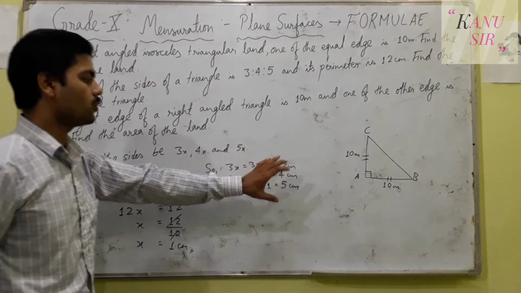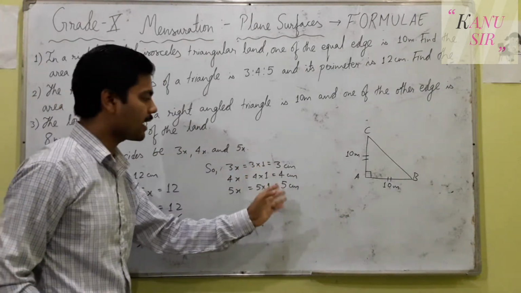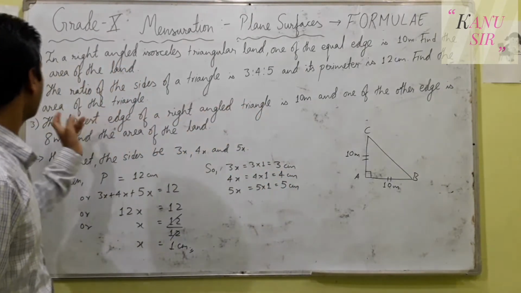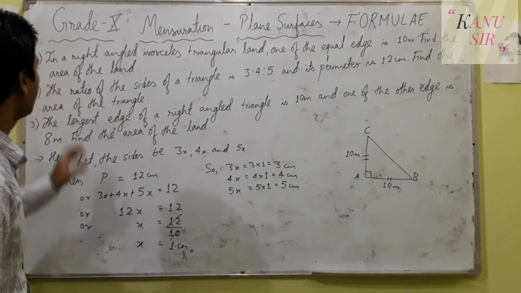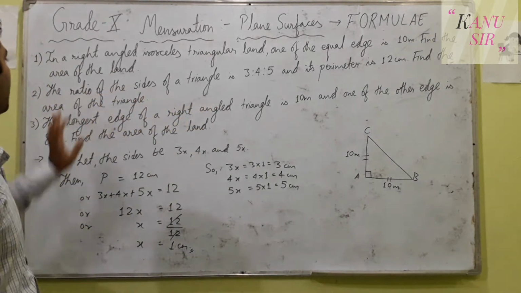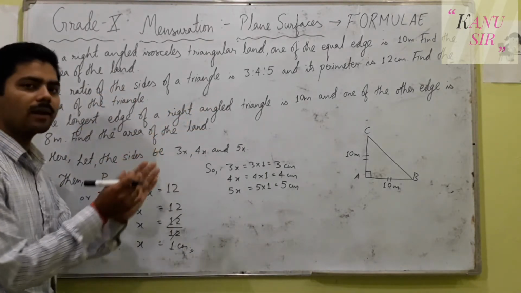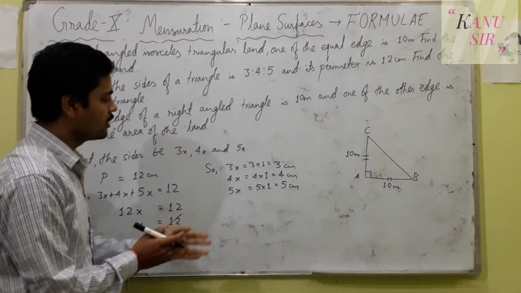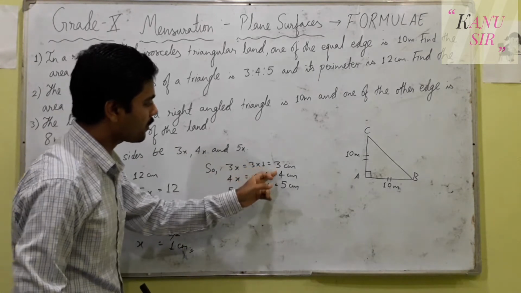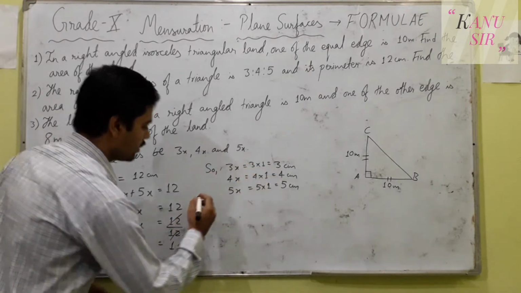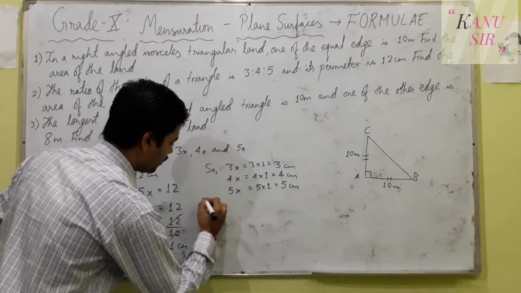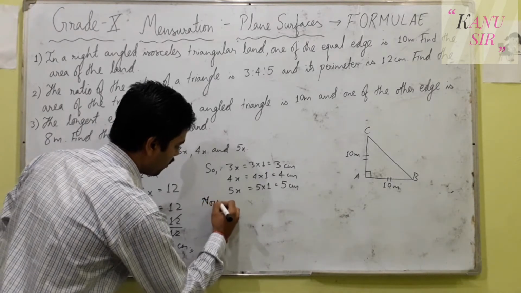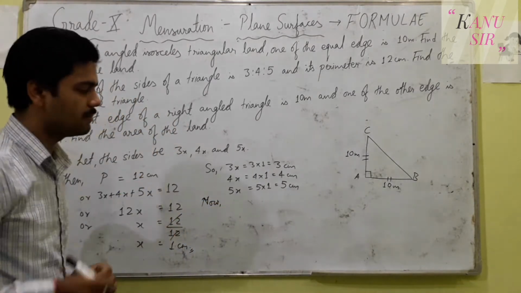Now we know the exact lengths of the sides of the triangle, and we need to find the area of the triangle, and nothing else is given. Meaning what type of triangle is it? It is not sure. So it is a scalene triangle because all the sides are different from each other. Now we have to find the semi-perimeter.